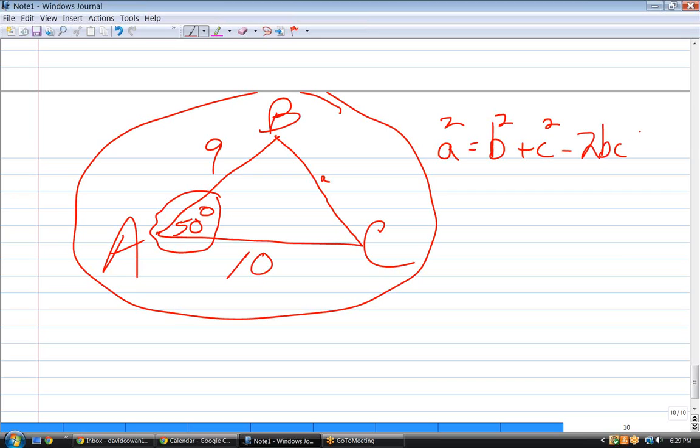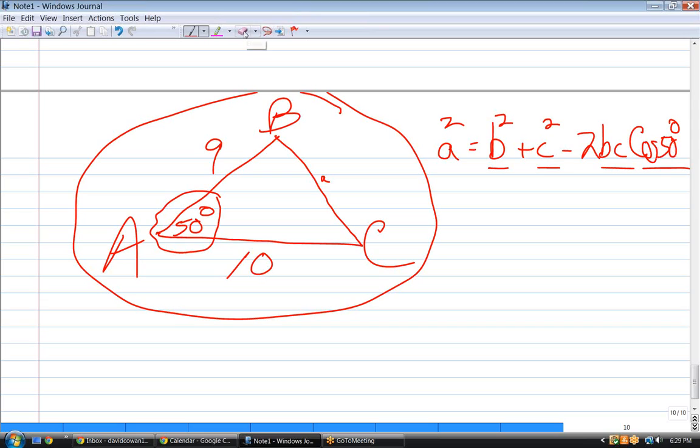Notice that on the right side of this equation we know B, we know C, and we know that angle. So we're going to be able to solve for little a. Oh, okay. It's a little different. Last time we had to solve for this angle using the law of cosines.